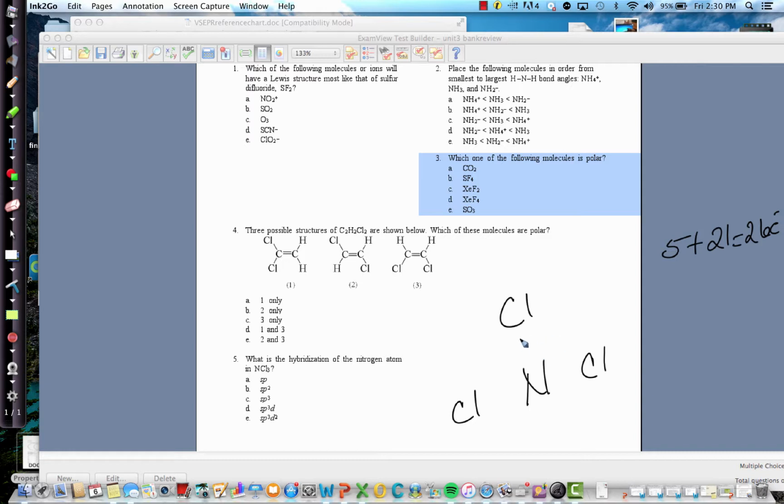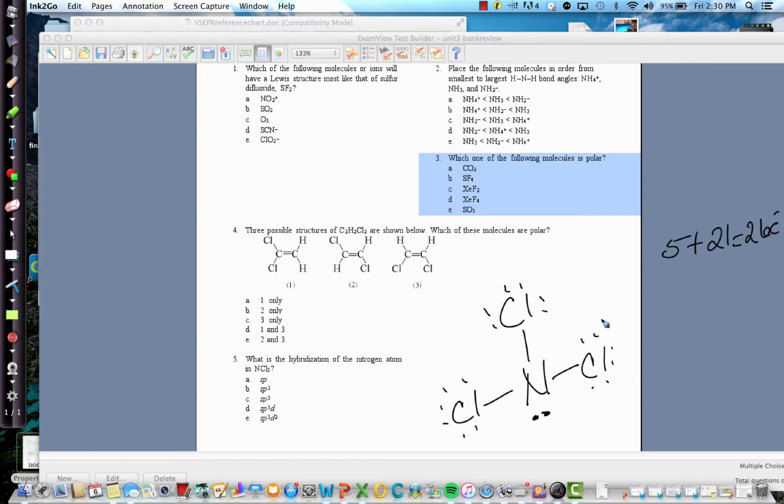All right, so single bonds. And distribute the electrons. So 2, 4, 6, 8 around each chlorine. So 8 times 3 is going to be 24. So I have 2 electrons left over. They go on the central atom.